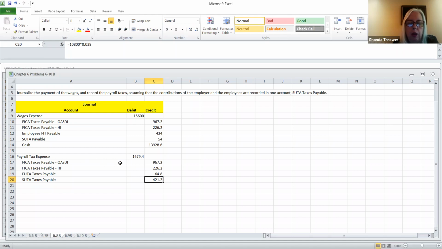The employer's payroll tax expense has increased, and to increase an expense, you put it on the debit side. So the total of all of these together is $1,679.40 that would be debited to this account. It's always a good idea to check to make sure that your total debits equal your total credits.